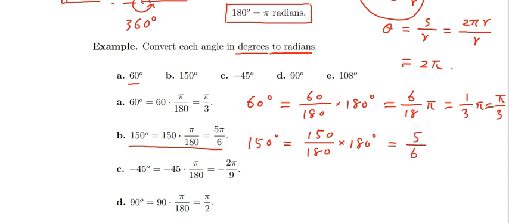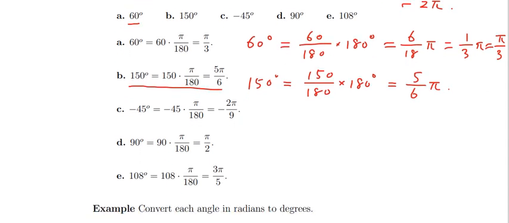Change this to 5 over 6 pi, right? So in radians, we keep this pi. We don't need to change pi to 3.14 something. We just keep it as pi. Okay. So typically 90 degrees is half of 180, so pi over 2.